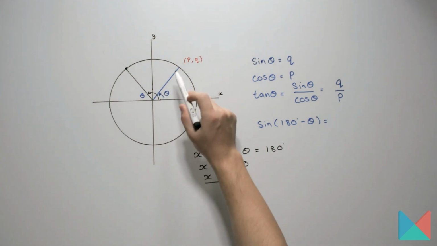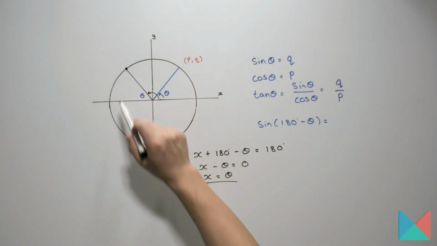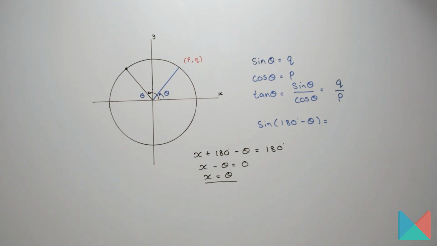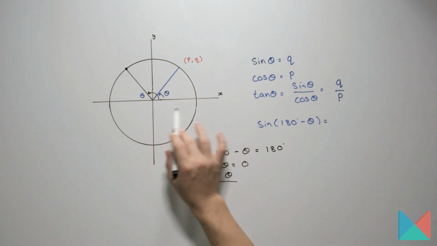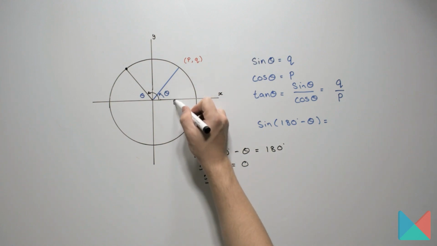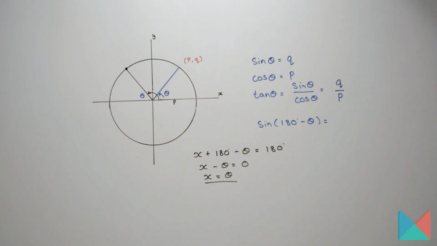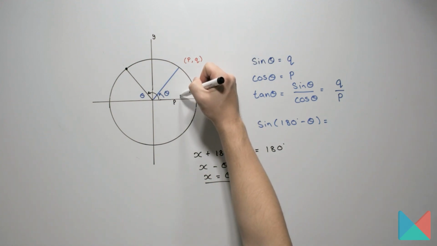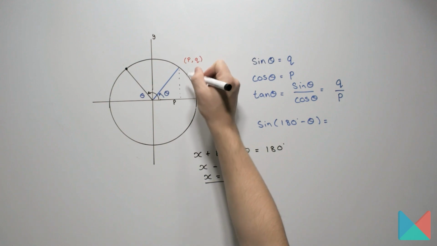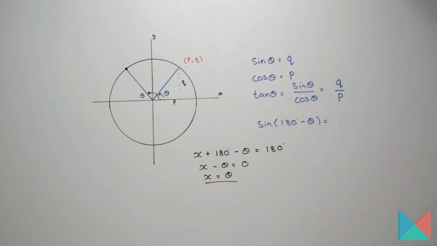Now, if you consider these two angles as right triangles, you will notice that they're the exact same triangle, just reflected over the y-axis. And so that means that their base and the length of their height will be exactly the same. So if we consider this angle here first, we know that the base will be of length P, because our x component of our coordinate is P, and the height of this triangle will be of length Q, being the y component of our coordinate.